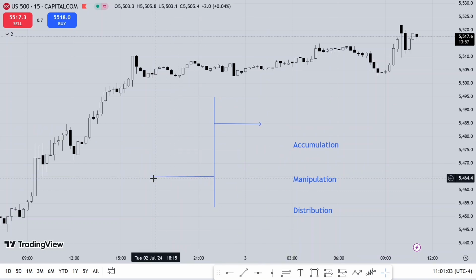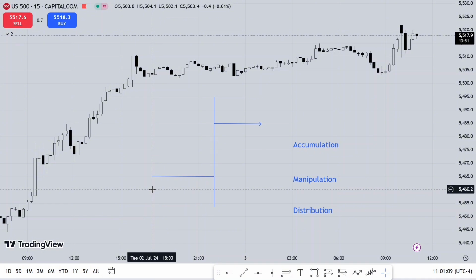So this opening price is a constant, and you have two major opening prices for the New York session. That is the 8:30 a.m. if you are trading the New York morning session, and you also have the midnight opening price. That's New York midnight.